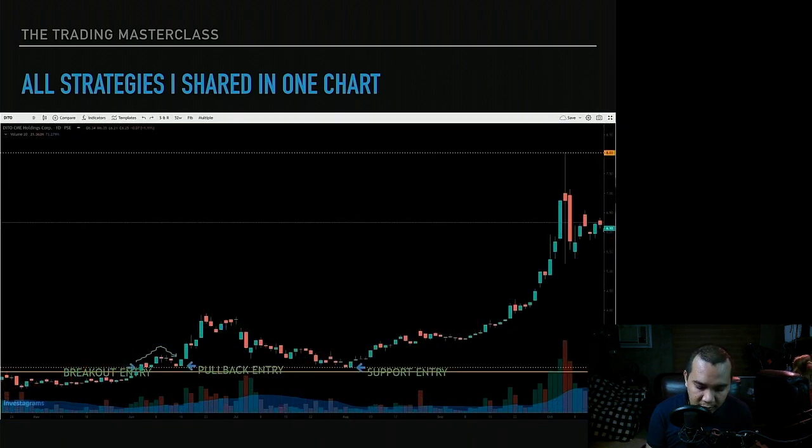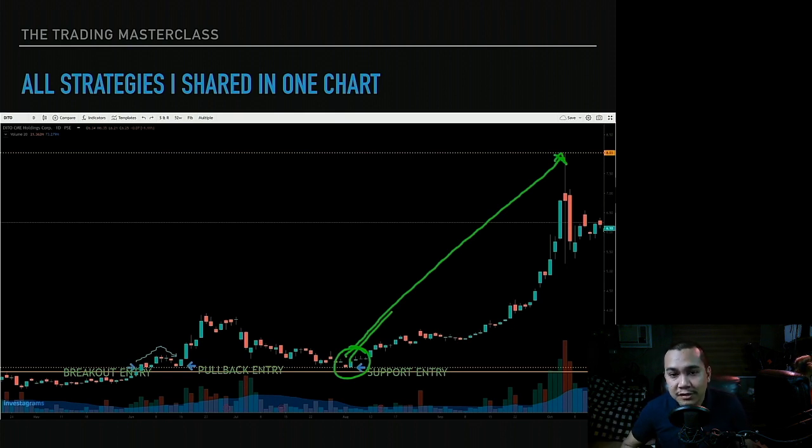If you entered in this support, look at the price that you could have gained. I'm not sure if you can see it on the screen, but this went from 2 pesos and 50 centavos up to 8 pesos. That's almost quadruple your investment. That's typically how the strategy works.